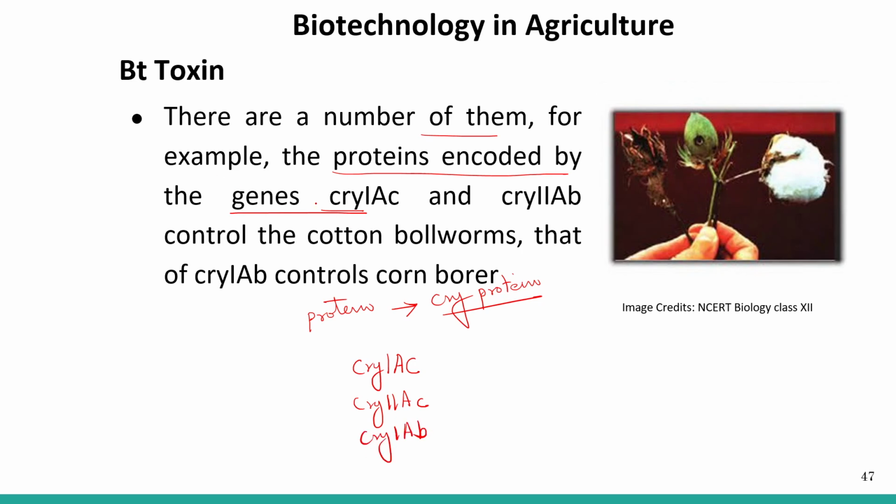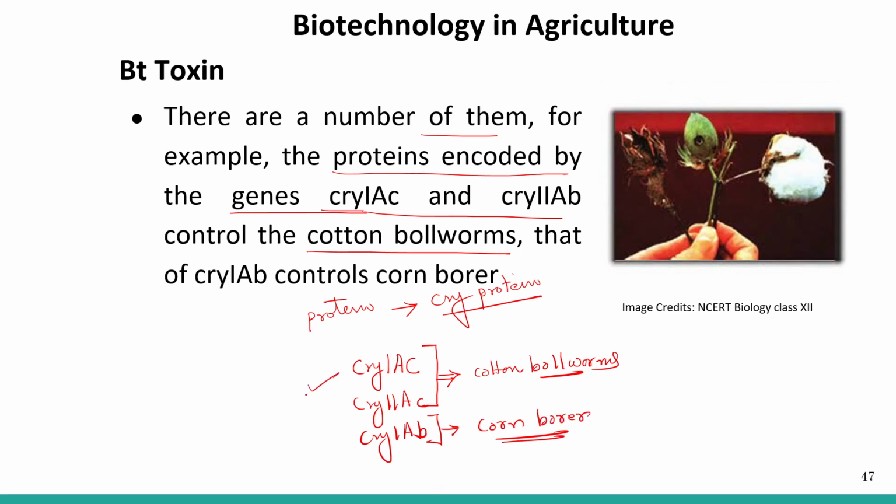These two, Cry1Ac and Cry2Ab, control the cotton bollworm, right? And this particular one, Cry1Ab, controls corn borer.